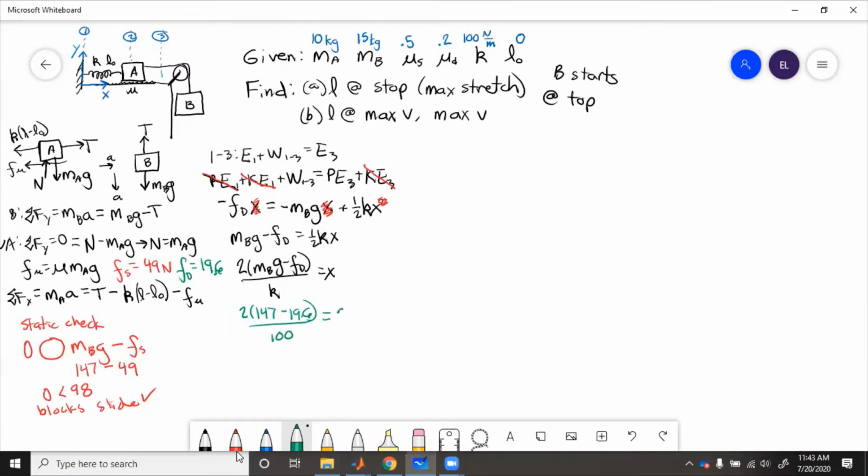X equals 2.55 meters. So this is the maximum stretch in the spring. We found A.